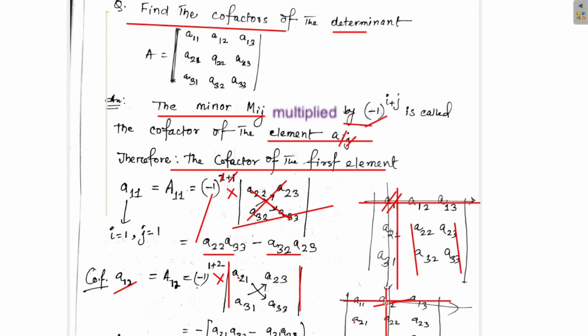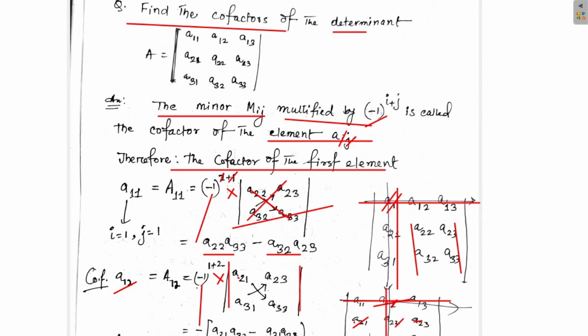This is the first row and second column, so it is 1 plus 2. So this will give me a negative value, and the determinant of this minor is like this. Similarly, if we want to find the cofactors of the other elements, we will apply the similar technique, and we can easily find the cofactors of the remaining elements of the determinant or of a matrix.